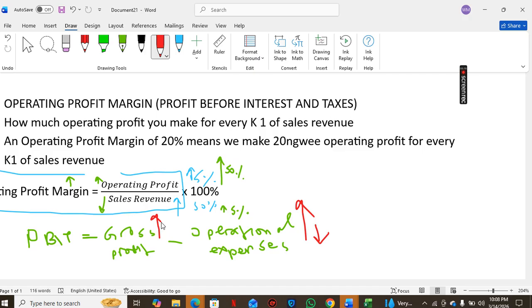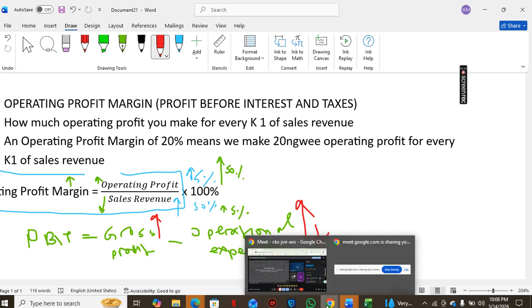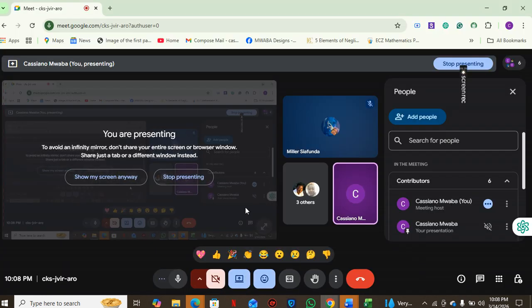Okay. So the next question I should pose is, how do we reduce these operational expenses? Yes, colleagues? What recommendation would you give a company in lowering its operational expenses?